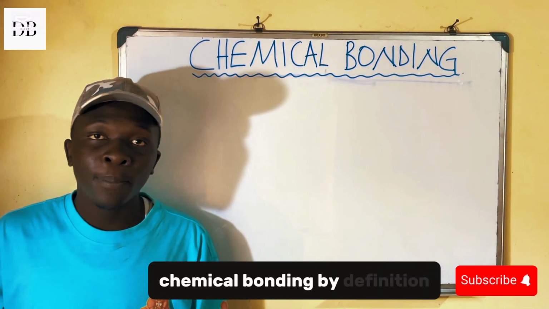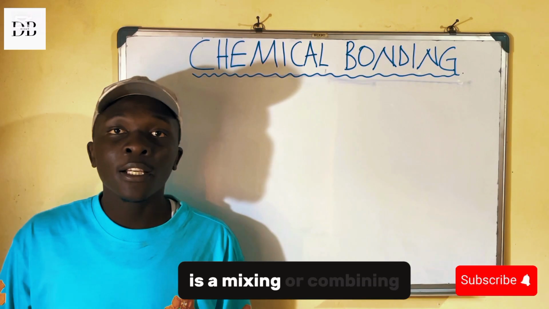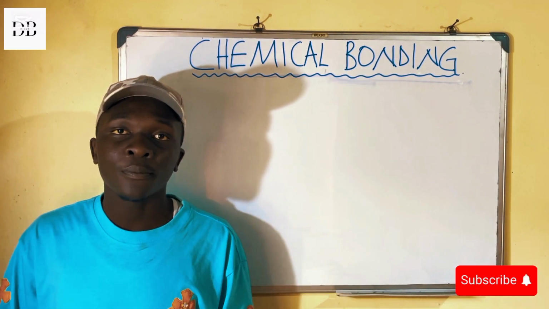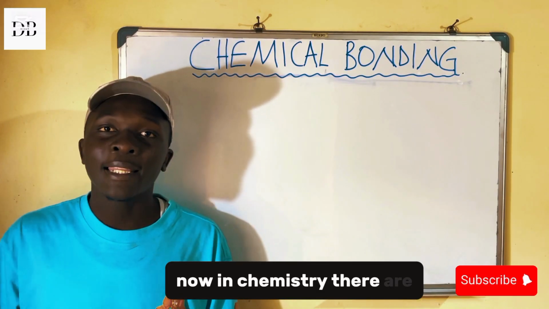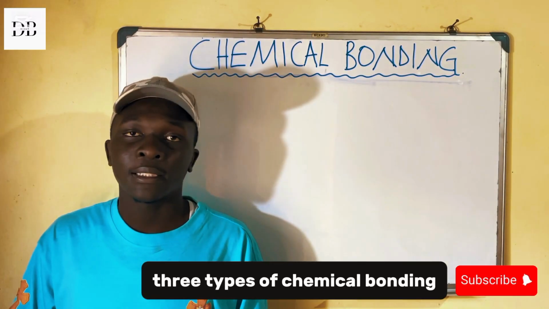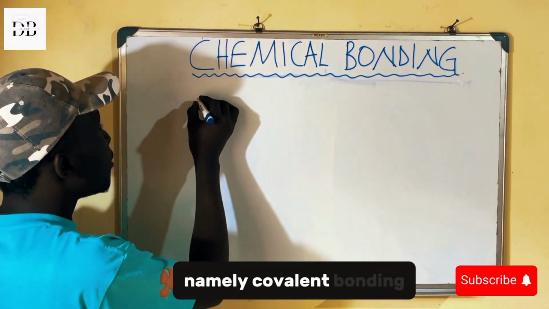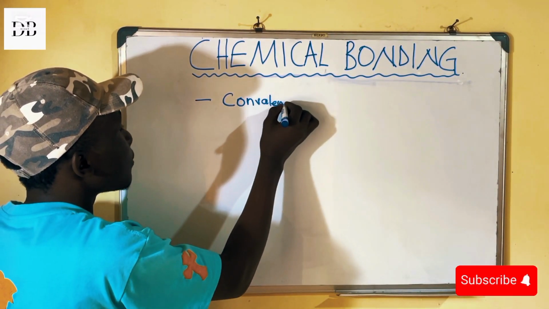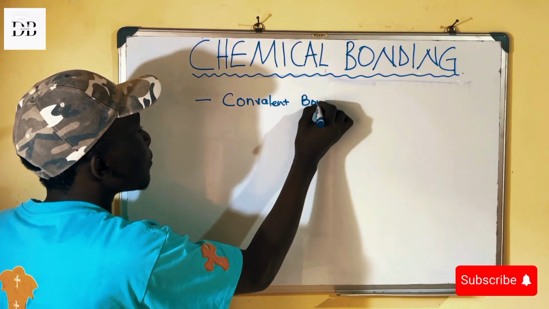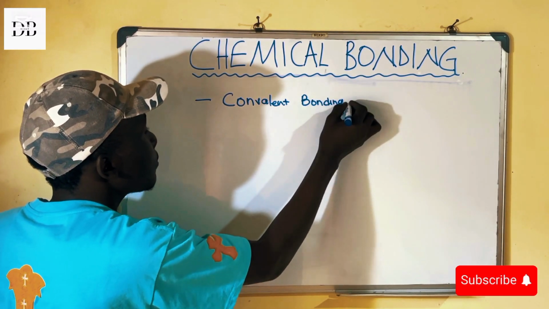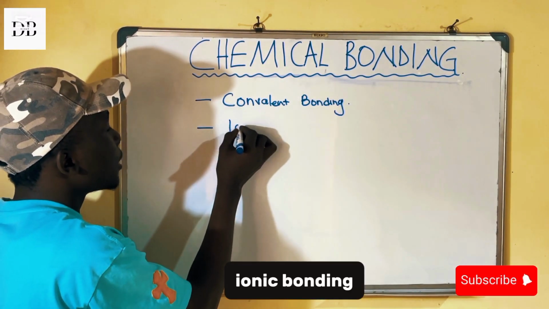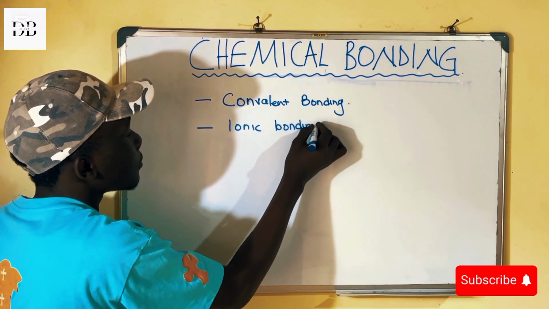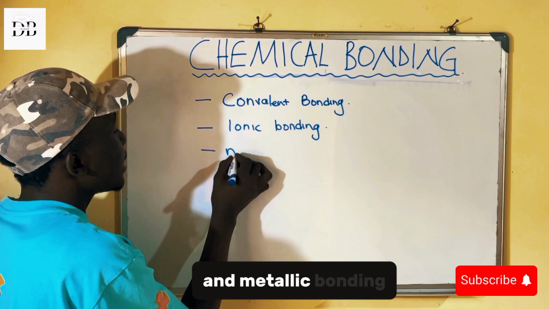Chemical bonding, by definition, is a mixing or combining of two or more elements to form a compound. Now in chemistry, there are three types of chemical bonding, namely covalent bonding, ionic bonding, and metallic bonding.